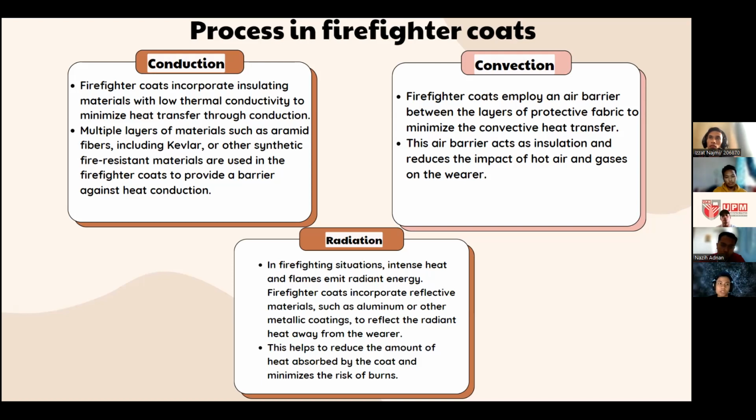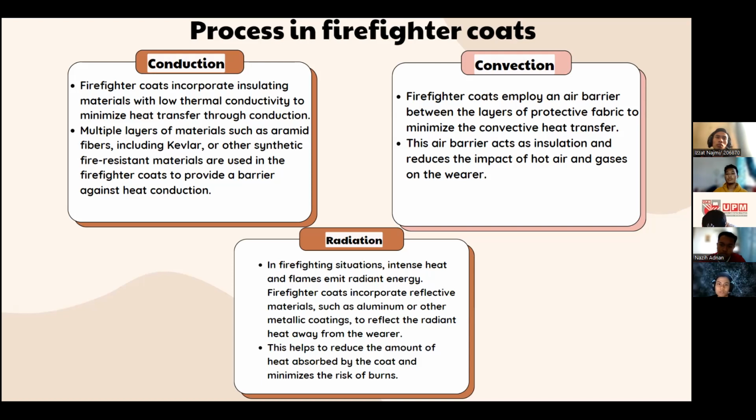Firstly, for conduction, firefighter coats are usually made from insulating material with low thermal conductivity in order to minimize heat transfer by conduction. Multiple layers, such as ceramic fibers, Kevlar, or other synthetic fire-resistant material, are used in the firefighter coat as barriers against heat conduction.